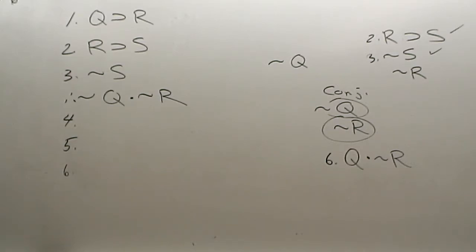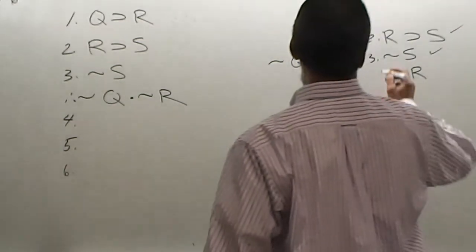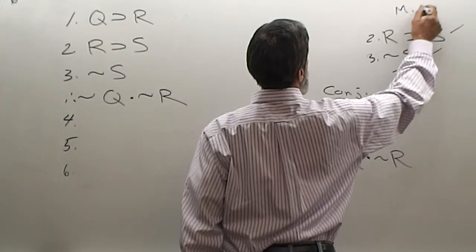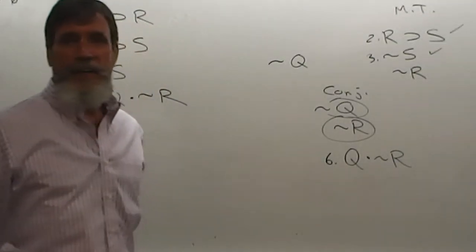So now we're trying to get a curl. We're trying to create a curl that does not exist. There's only one way to do it. You know what it is. Draw it up. What is the only way to create a curl?